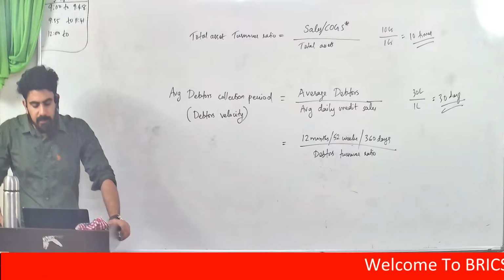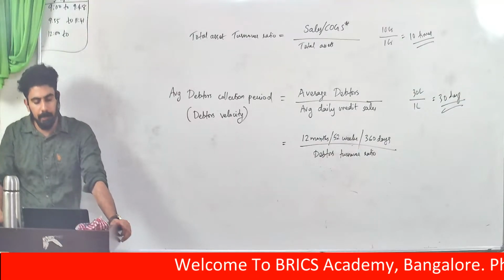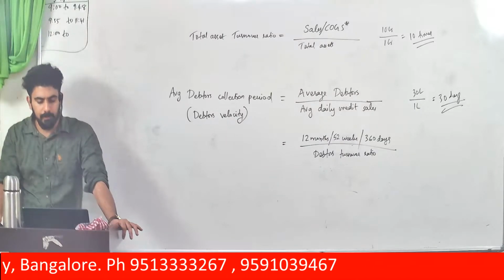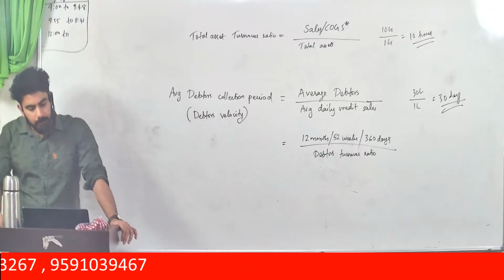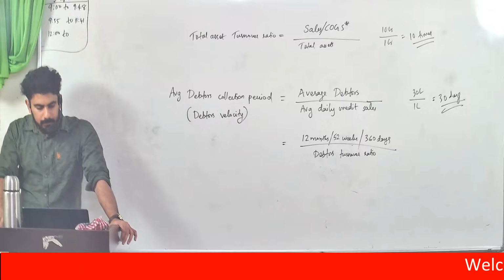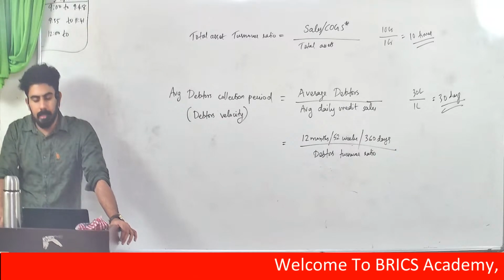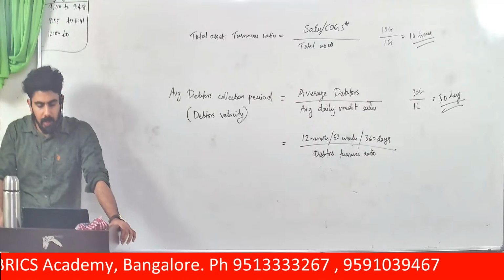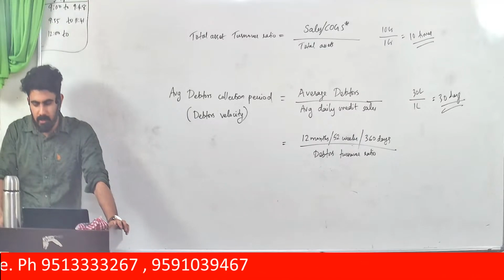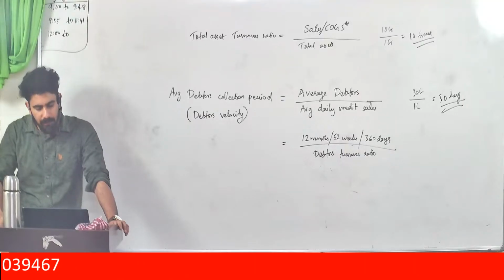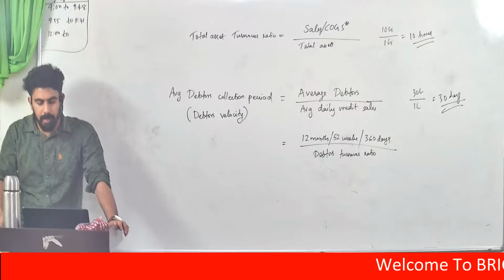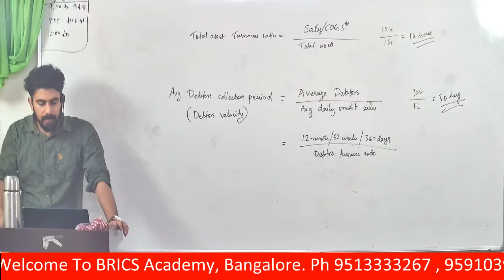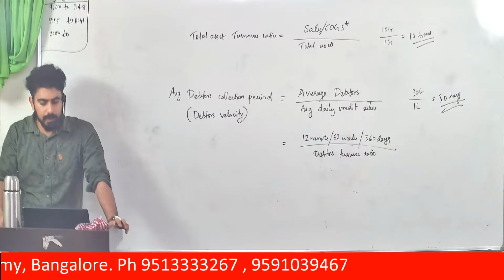Then same, creditors velocity, payable velocity or creditors payment period is equal to average creditors or average accounts payable, same thing, divided by average daily credit purchase.